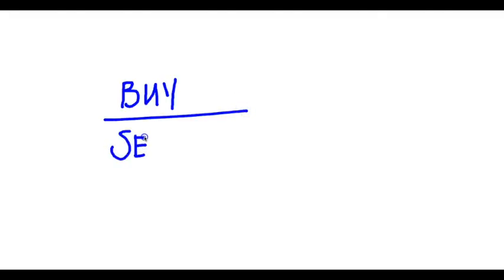Now, this actually gives you a little bit of the strategy, if you will. So we know that there is an option to buy and we know there is an option to sell.